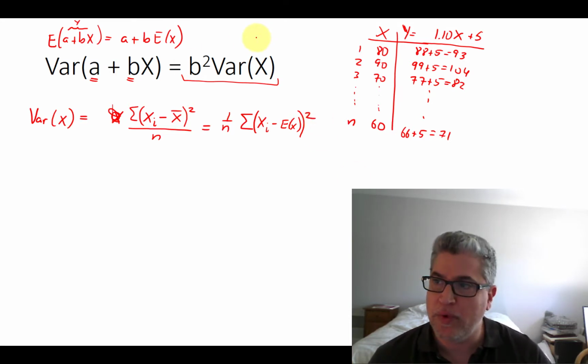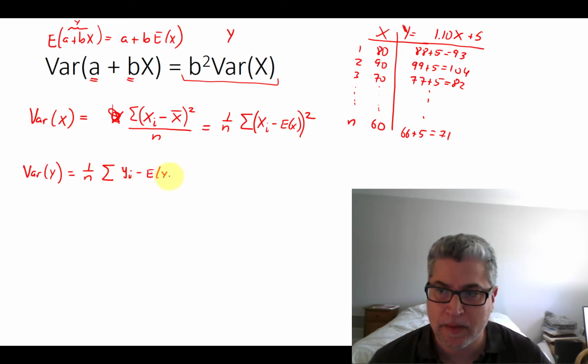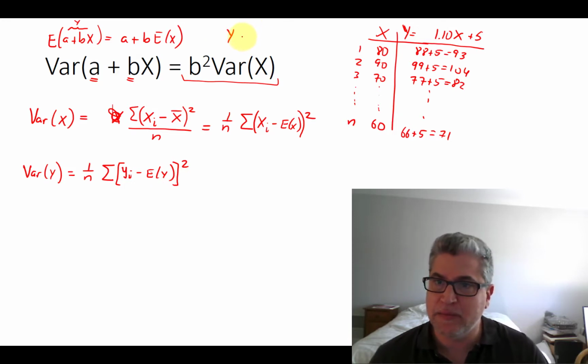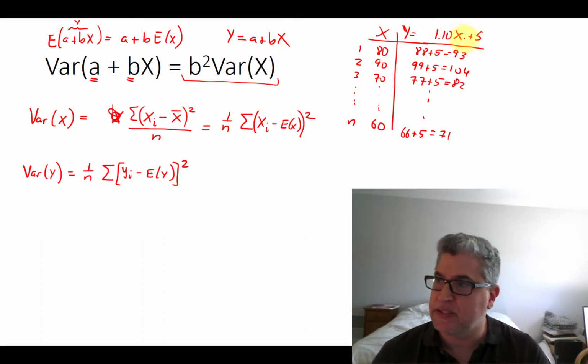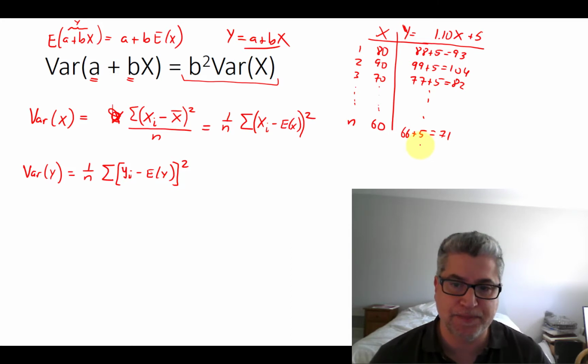Now we want to know, well, we've got a new variable, y. What's the variance of y? Well, we're going to have to apply that same formula. And we square that. Y is a plus bx. In this case, a is 5 and b is 1.10. But let's keep it general and say a plus bx.